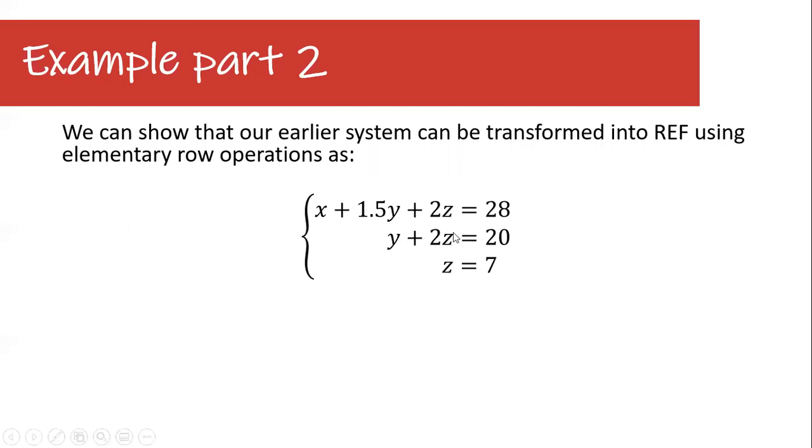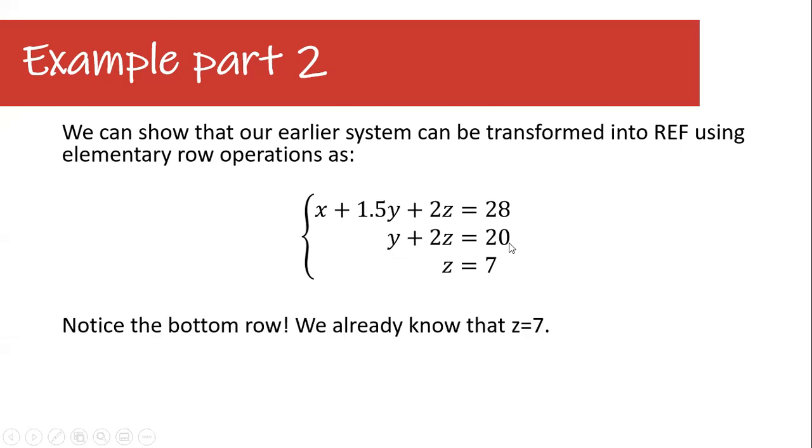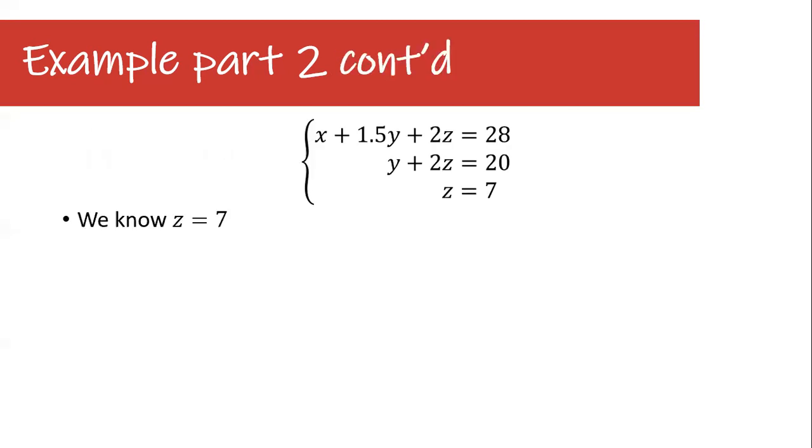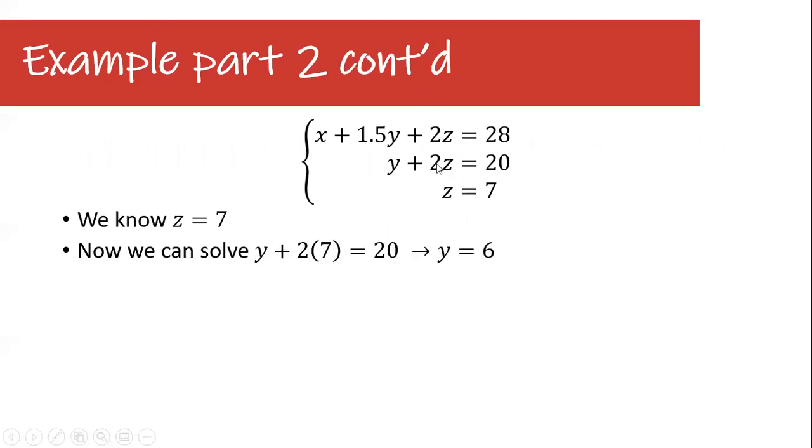Now we can work backwards and plug z equals 7 up here into this one to solve for y. So we know z equals 7. If we plug 7 into this second one up, we get y plus 2 times 7 equals 20, which tells us that y has to be 6.